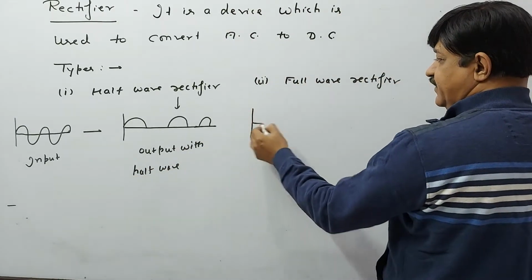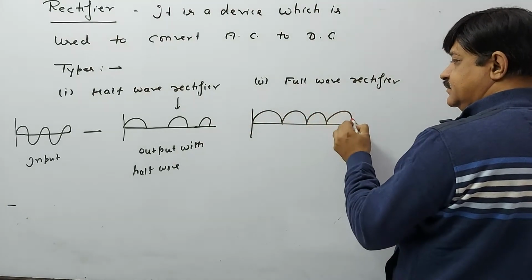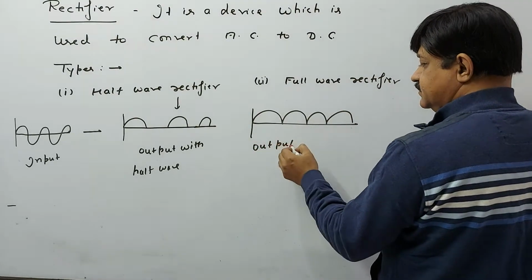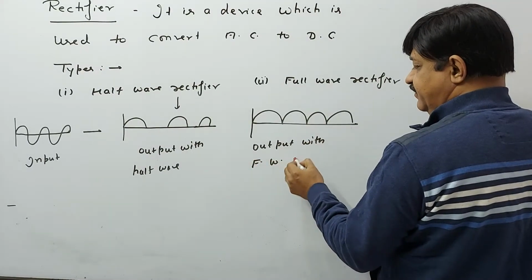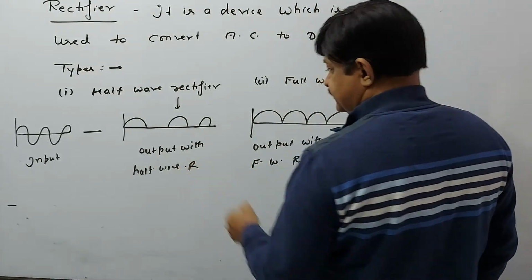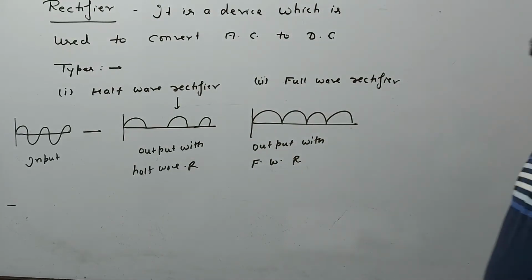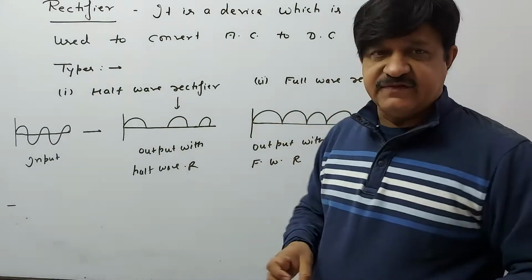When it is full wave, this is the output with a full wave rectifier. So two types of rectifiers are there. Half wave rectifier is also there and full wave rectifier is also there.